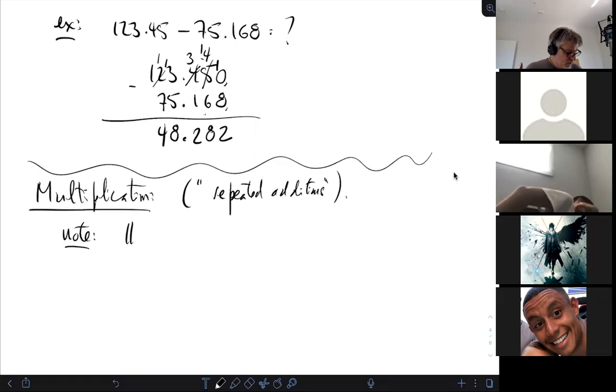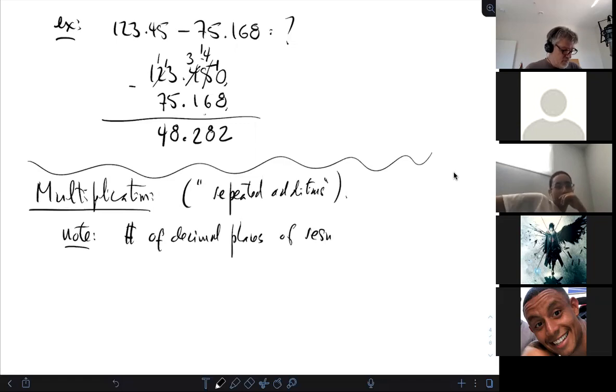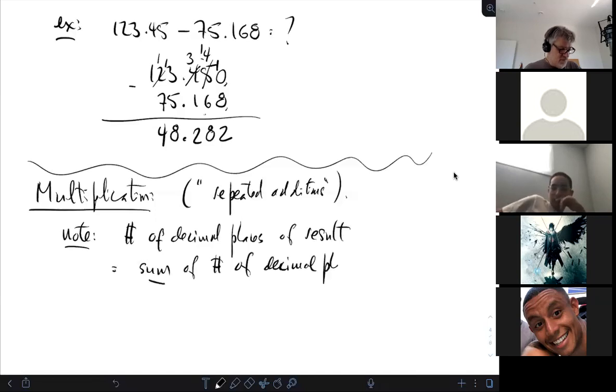The number of decimal places in the fractional part of the result is equal to the sum of the number of decimal places in the factors.